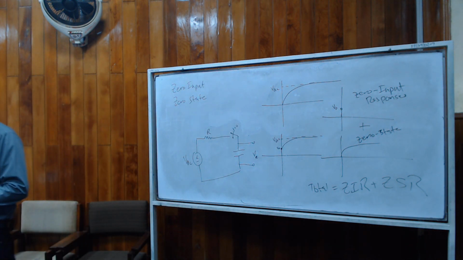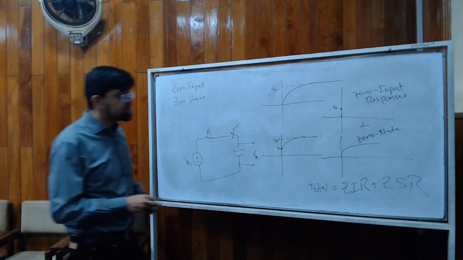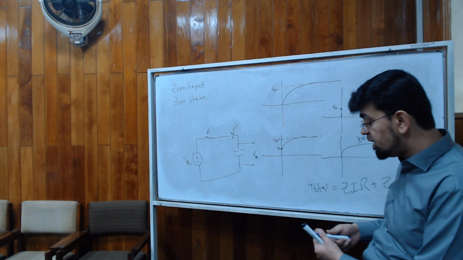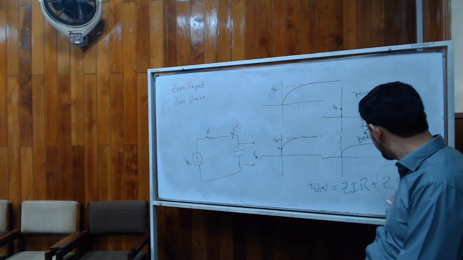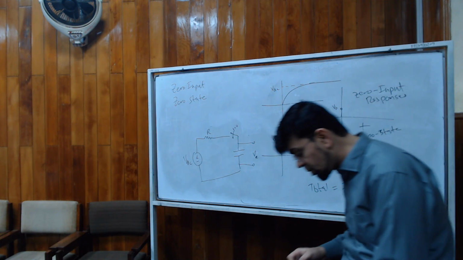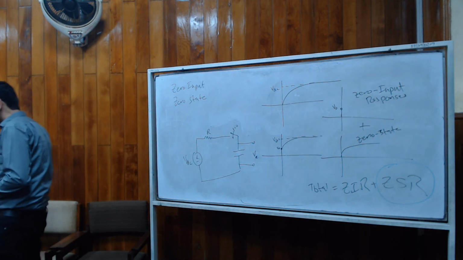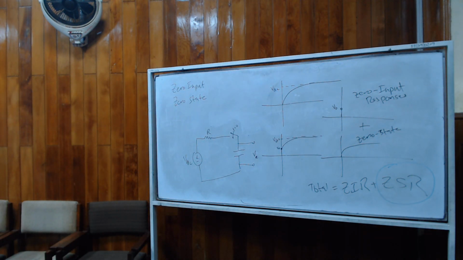So now where does impulse response fall? What I am saying is that the impulse response is actually this guy. The impulse response assumes that the system state is 0.